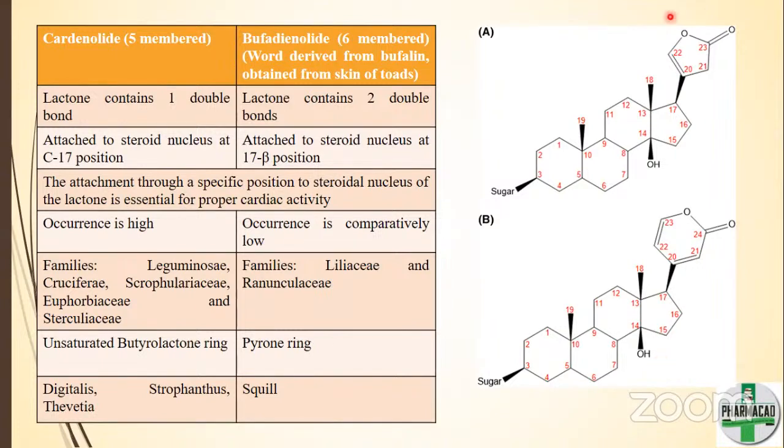Cardenolide has an unsaturated butyrolactone ring, whereas bufadienolide has a pyrone ring. Examples for cardenolide are digitalis, strophanthus and thevetia. The word bufadienolide was derived from bufalin, which is obtained from the skin of toads.